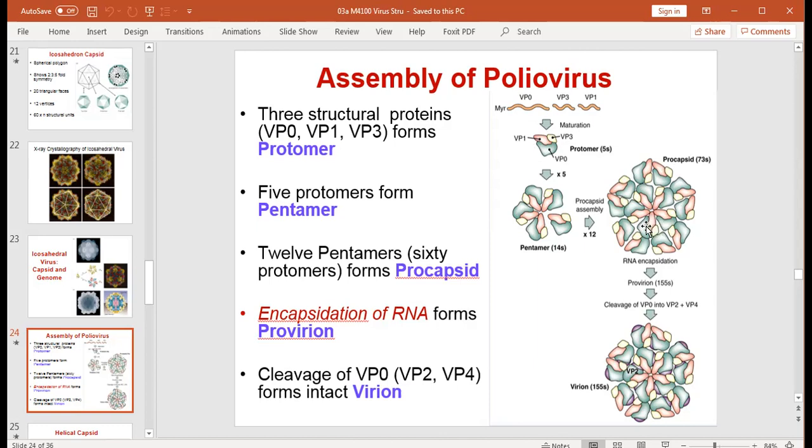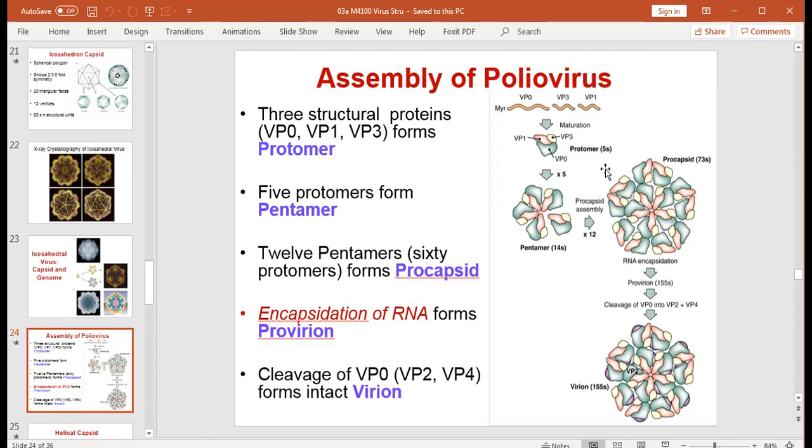And at this stage, the RNA, or the nucleic acid, or the genome of the poliovirus, needs to be encapsulated, meaning that the viral RNA needs to become associated with the capsomers to form a provirion. So when RNA is encapsulated, the procapsid will become a provirion.